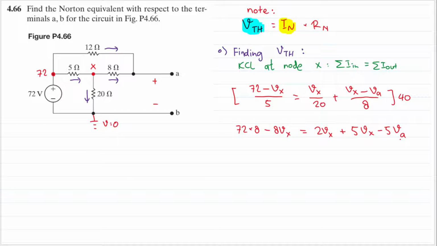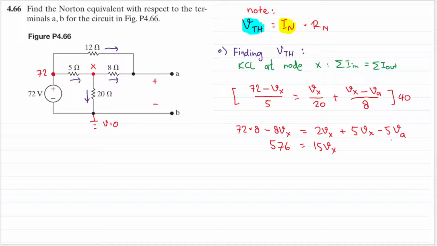Okay. And what is 72 multiplied by 8? Let me check my calculator first. It's 576. So we'll have 576. And then, okay, for the Vx, we will have 2 plus 8, that will be 10... or rather 7 plus 8, that will be 15, right? So we will have 15 Vx.